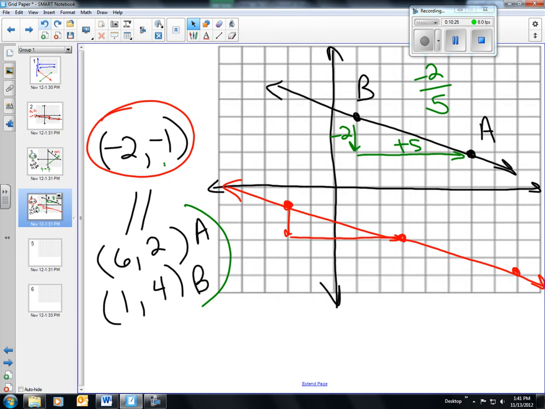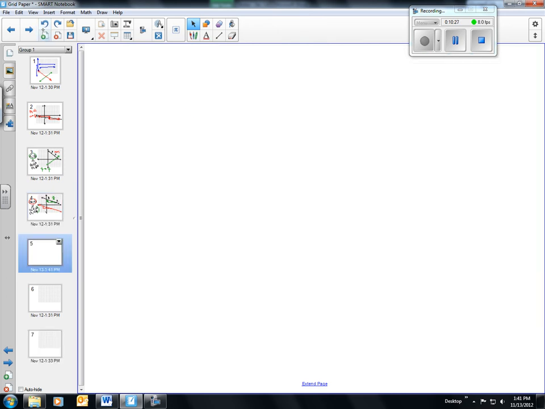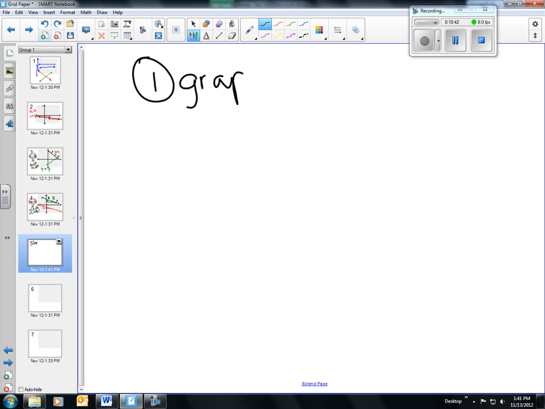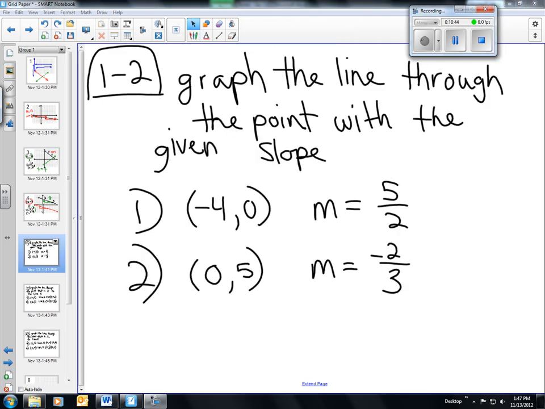So for homework tonight, on numbers 1 and 2, graph the line that is going through the point with the given slope.